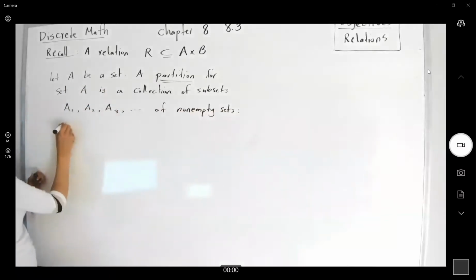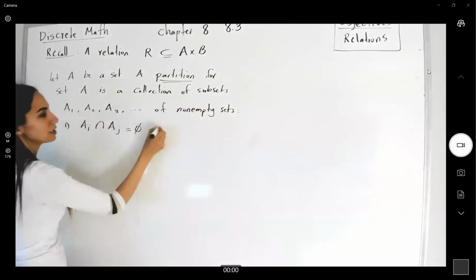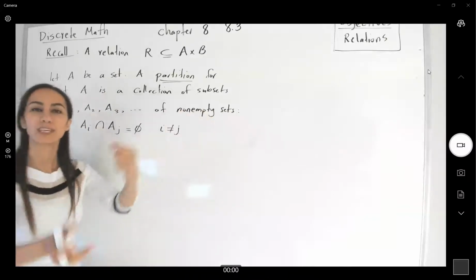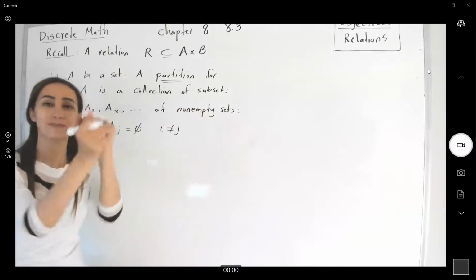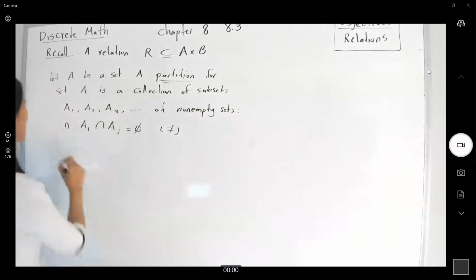First of all, A sub i intersection A sub j is empty. It means that they are mutually disjoint. If you take two random subsets and find an intersection between them, that intersection is empty.